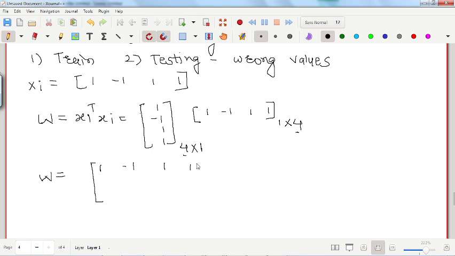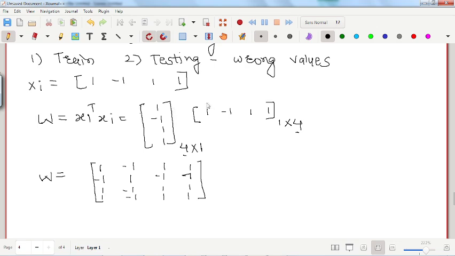So it is 1, -1, 1, 1. Then -1 into all the terms, so it equals -1, +1, -1 and -1. Third row is 1, -1, 1 and 1. Fourth row is 1, -1, 1 and 1.